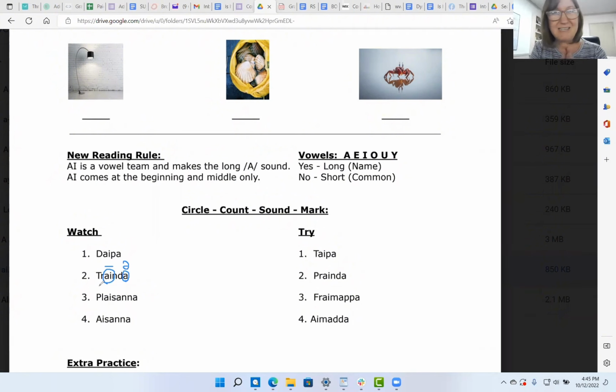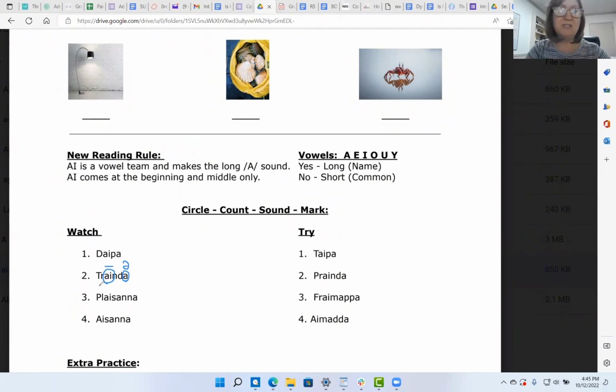So here's that TR. Remember I was talking to you at the very beginning in our phonemic awareness warm-up about those two-letter consonant blends, when there are two consonants together, and sometimes there's 3. Then it's important that you identify each sound within the blend and not muddle it together.